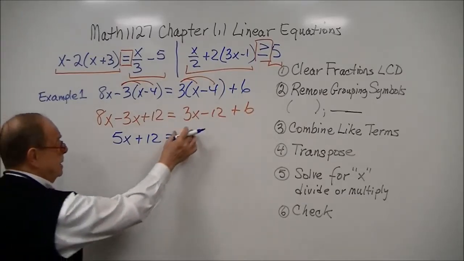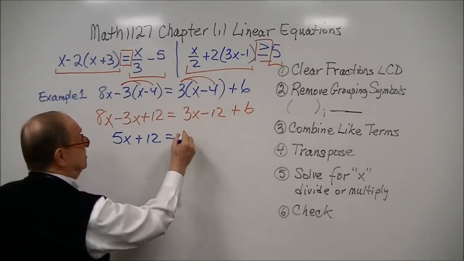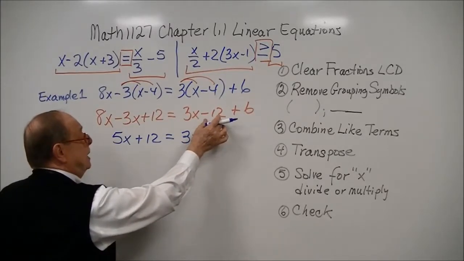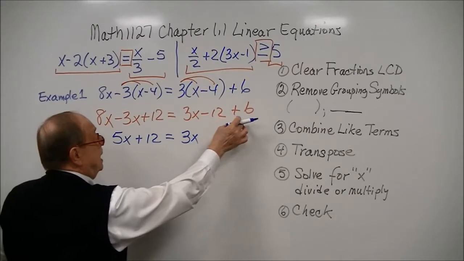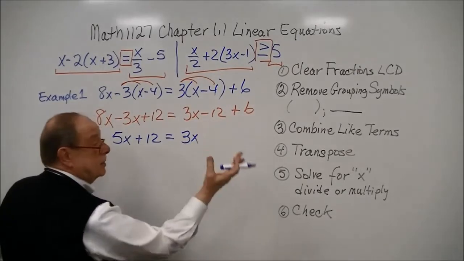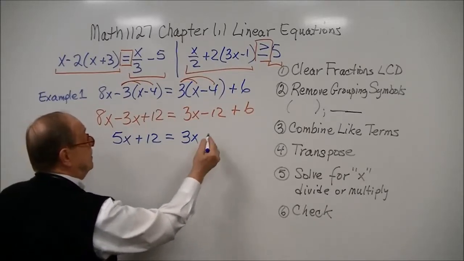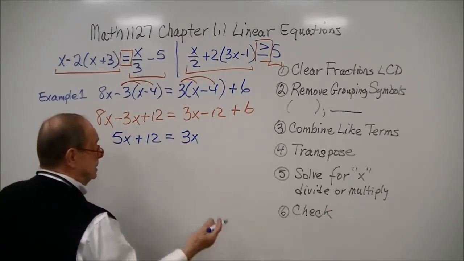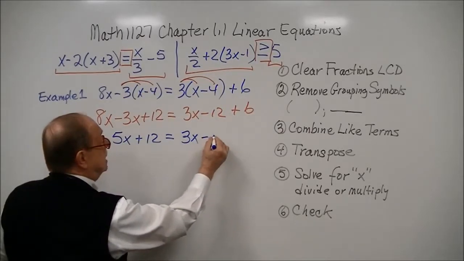And then here, there are no x terms to combine, so this is going to be 3x. Now here we have a negative 12 and a positive 6 that when we add or subtract, depending how you look at it, it's combining terms with different signs. This becomes a negative 6.